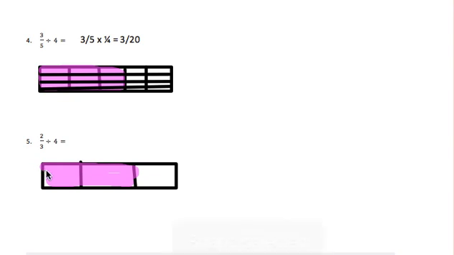So we will do that horizontally as well. And the number of pieces that we now have in our model, we have 3 across and 4 up and down. So 3 times 4 would be 12 in our denominator.